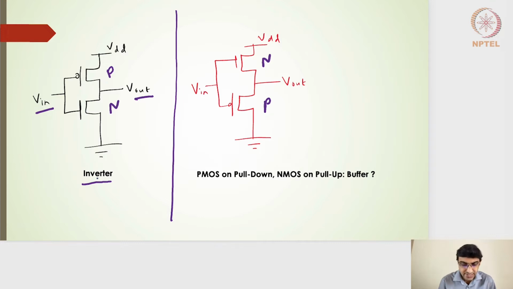What we had seen for an inverter design is that the PMOS transistor was closer to the VDD rail, and we called this the pull-up circuit. The NMOS transistor was closer to the ground rail, and this is the pull-down circuit.